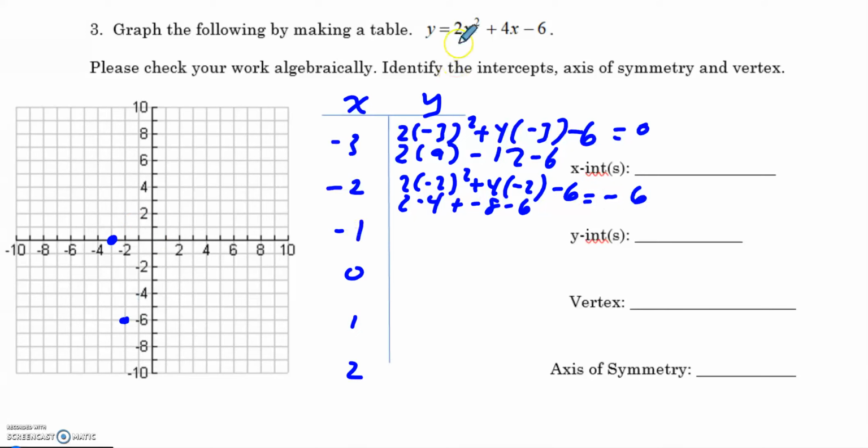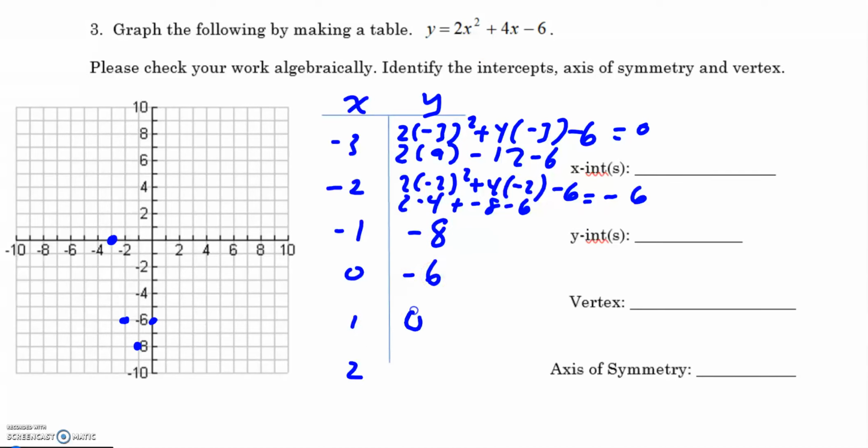If I plug -1 in to save a little time, -1 squared is 1 times 2 is 2. 2 plus -4 is -2, minus 6 is -8. So -1, -8. If I plug 0 in, I get -6. If I plug 1 in, I think it's going to be somewhat of a mirror image now, because notice we have -6 on both sides.